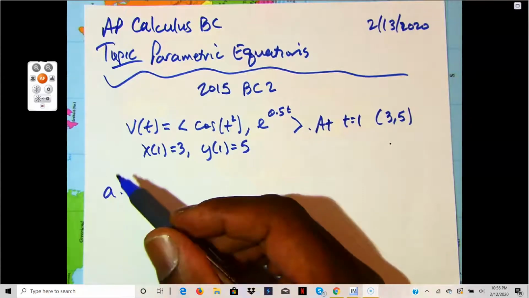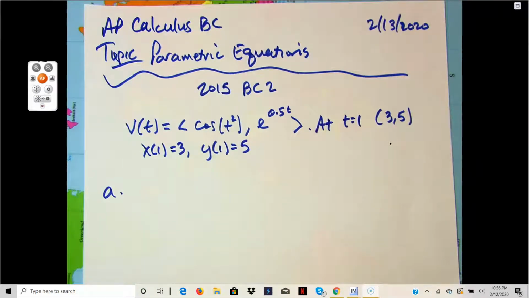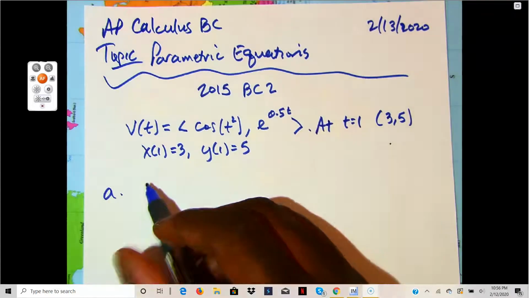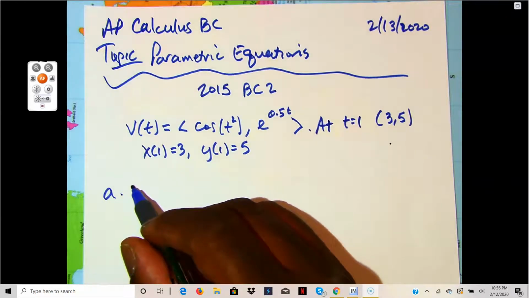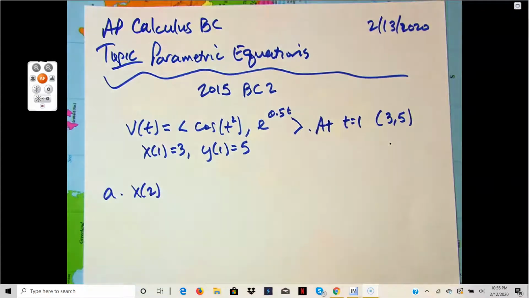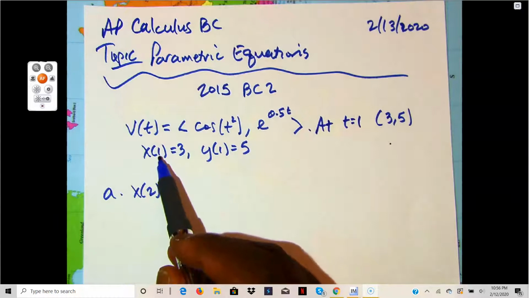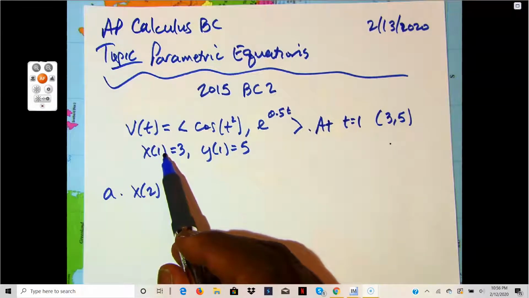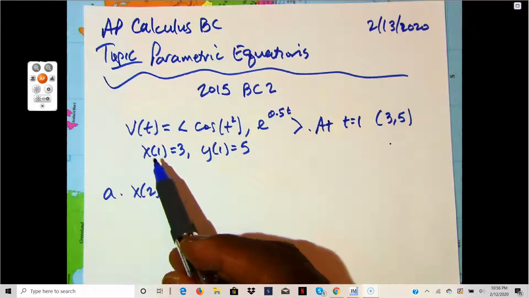All right. So part A says, find the x-coordinate of the position of the particle at t equals 2. So part A wants us to find x(2). We're given x(1). So we're going to use the fundamental theorem of calculus.